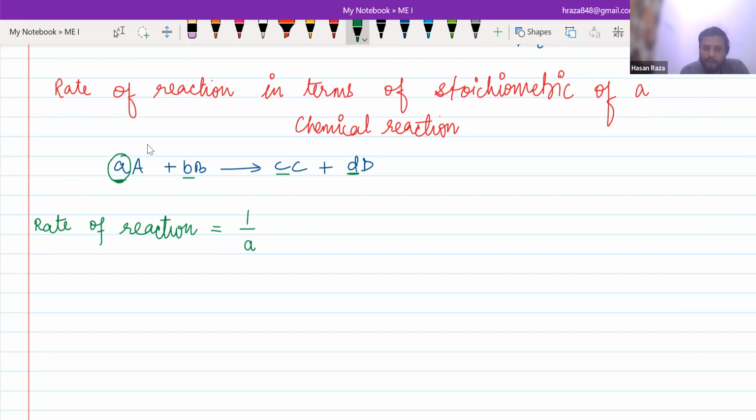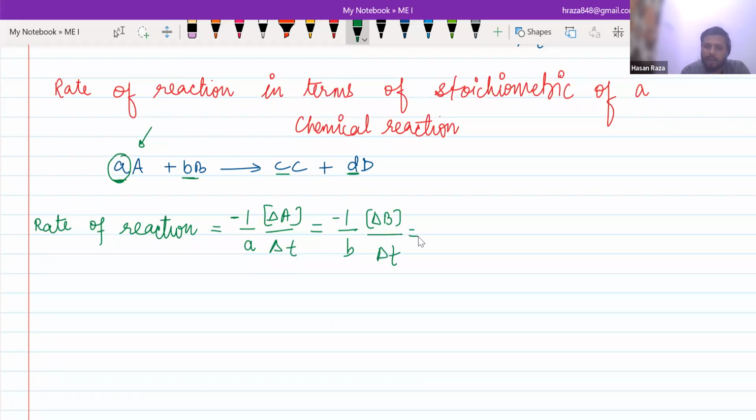The coefficient will come in denominator, and as you can see, this is your reactant, so there will be a negative sign, and change in concentration of A upon delta t. Then this will be equal to whatever is the coefficient, that will come in denominator, and there will be a negative sign because it is a reactant, and then change in concentration of B upon delta t.